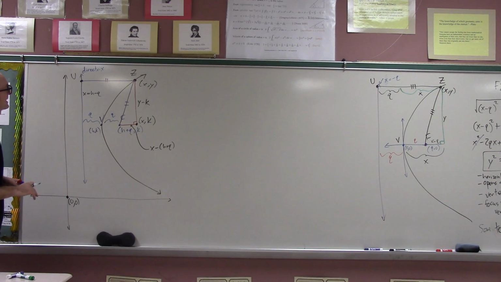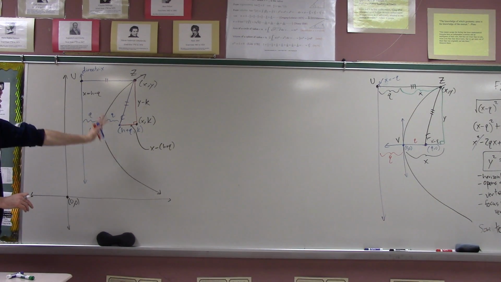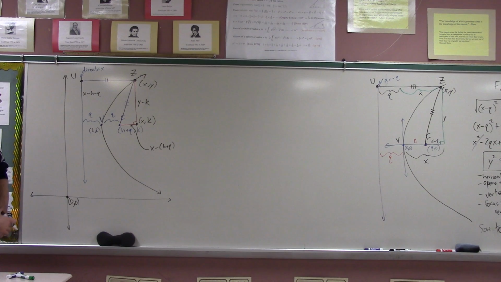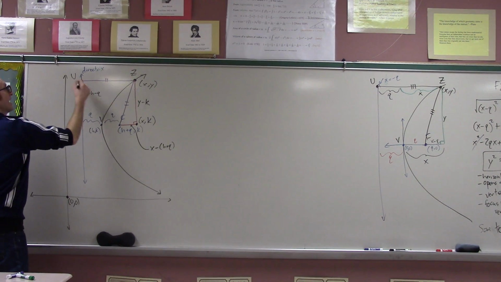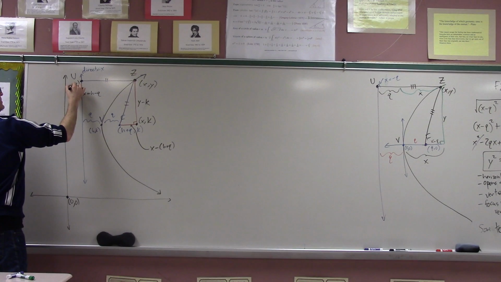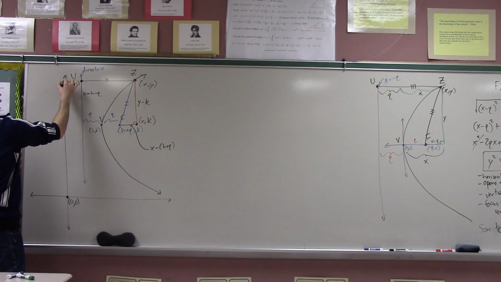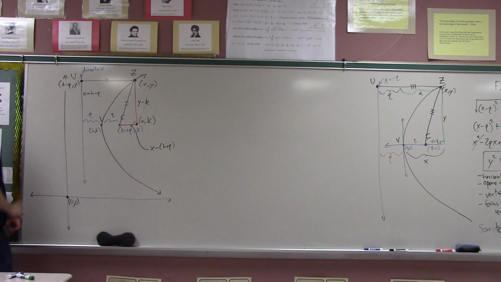This is maybe the easy part, because this point has the same y coordinate as z, but its x coordinate is h minus q.